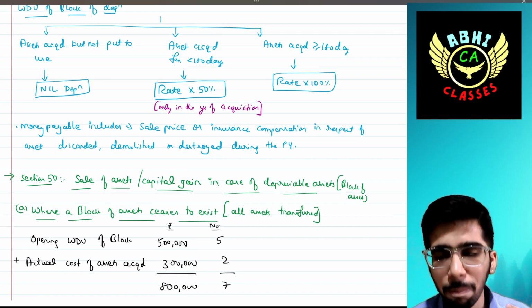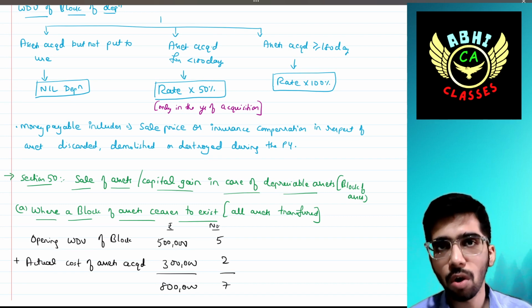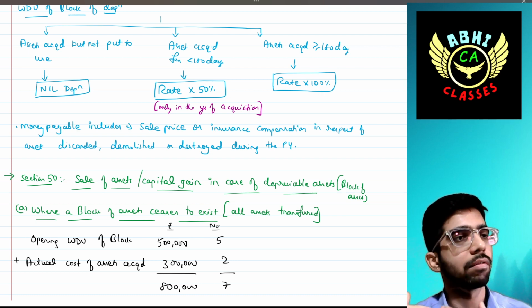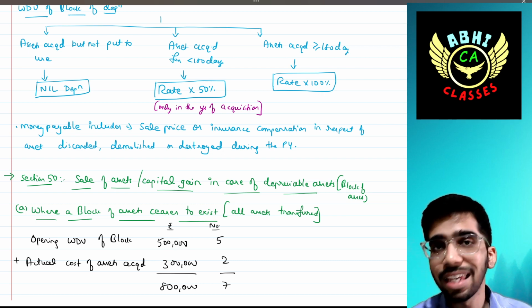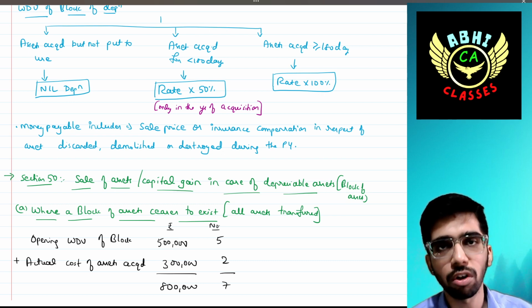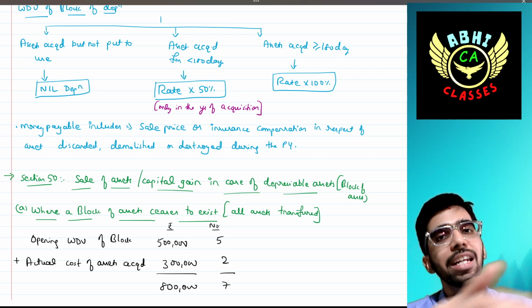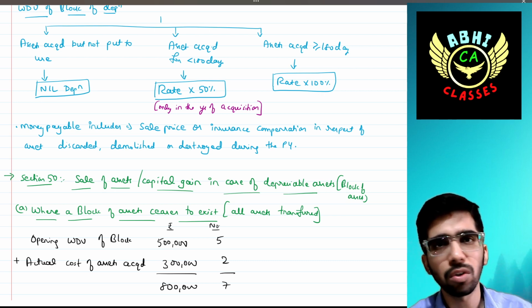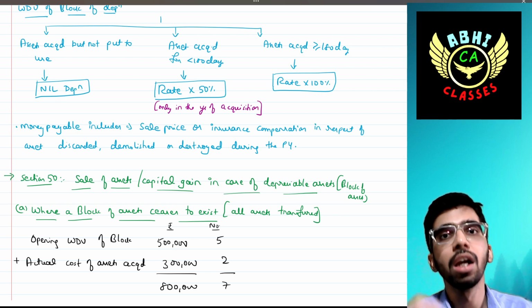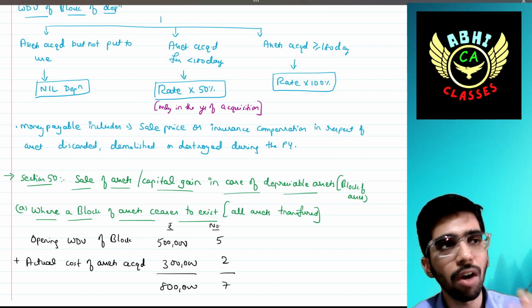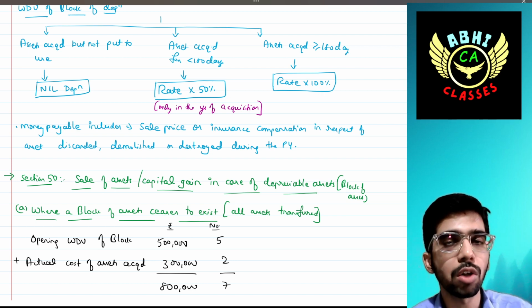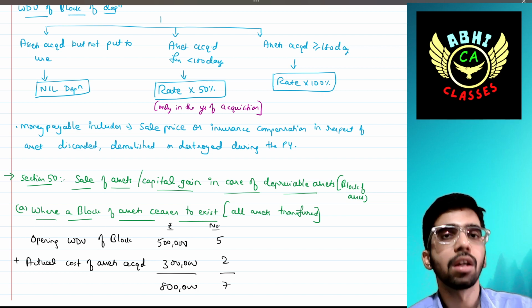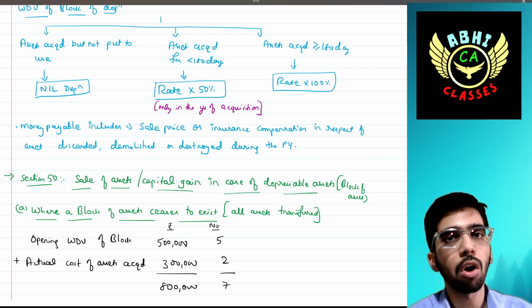For example, if my plant and machinery is destroyed due to any unexpected event, then for that the insurance gives a claim. That also will be reduced from the WDV, because we are not in a position to identify that prevailing value. So accordingly, the insurance claimed amount should also be deducted, likewise the selling price, from the block of assets.